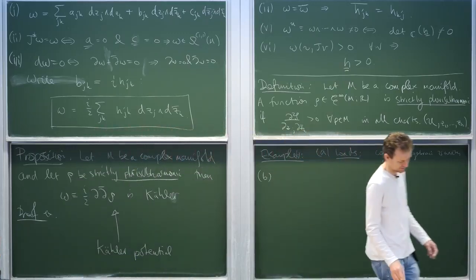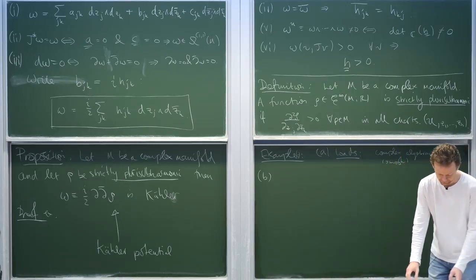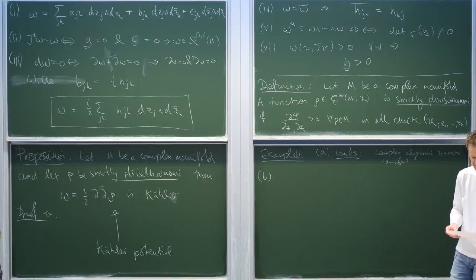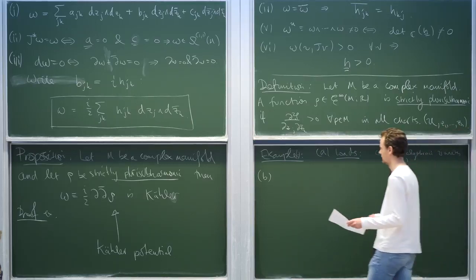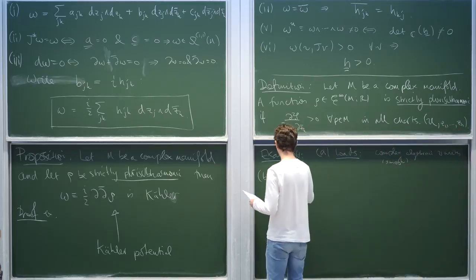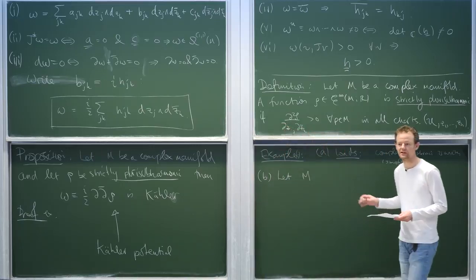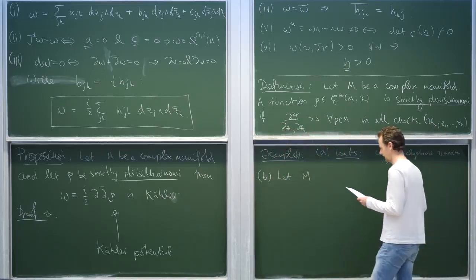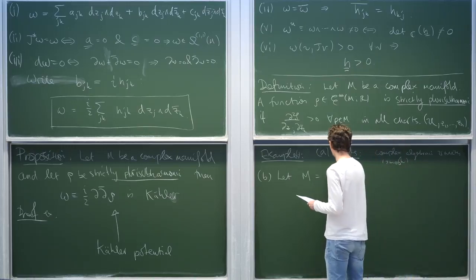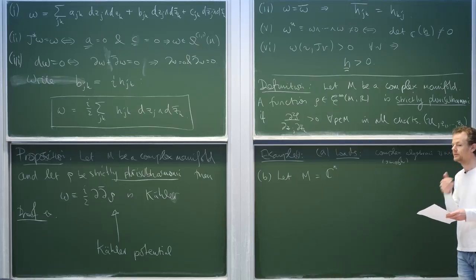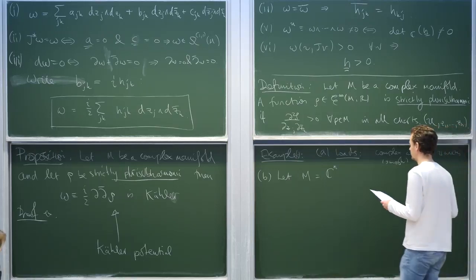Loads and loads of examples. However, there's a couple which are directly relevant for quantum mechanics, which is the last thing we'll discuss. Simplest example is that of just the complex numbers themselves.